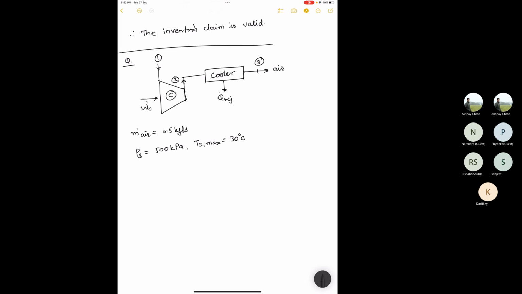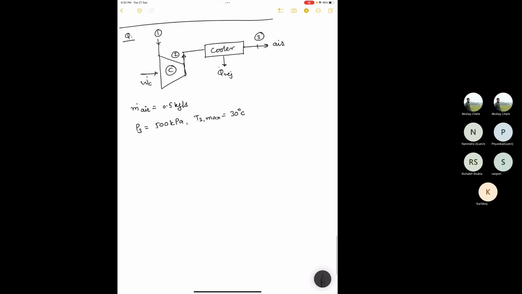So it should not be more than that. Whereas the ambient temperature and pressure, we'll use T0 for ambient, is 20 degrees Celsius, and P0 is 1 bar, so 100 kilopascal. So these are the things given.